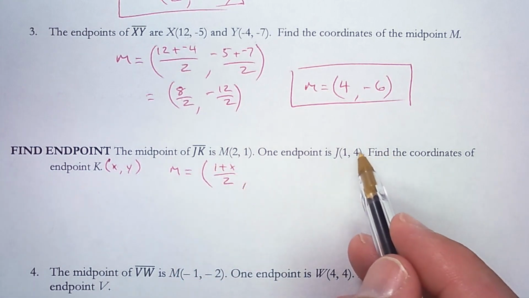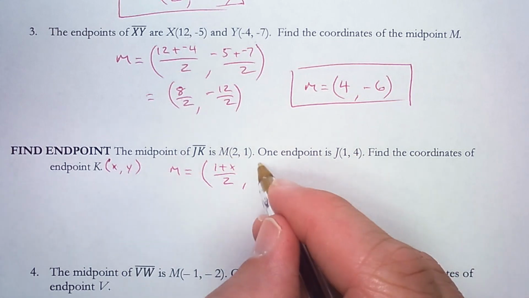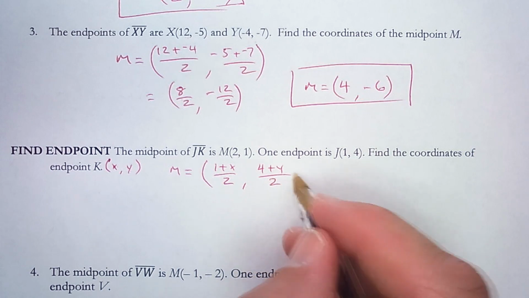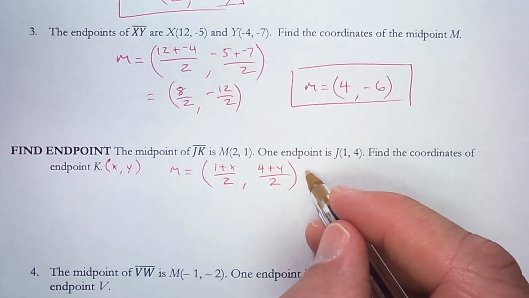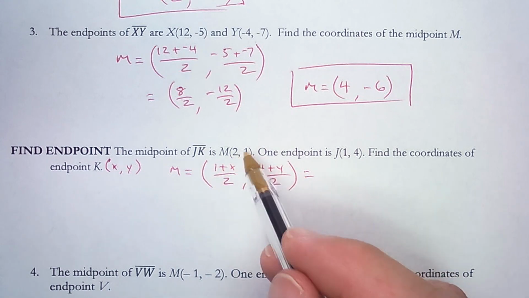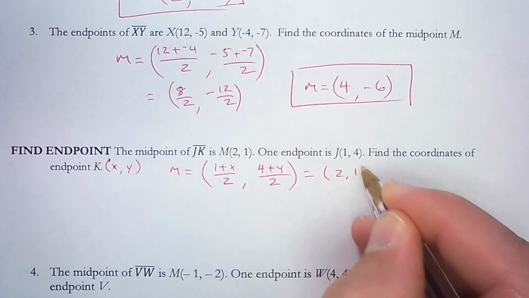And then the average of the y's, 4 plus a y that I do not know, over 2. Now in that case, I know that this is going to equal the midpoint of 2, 1.